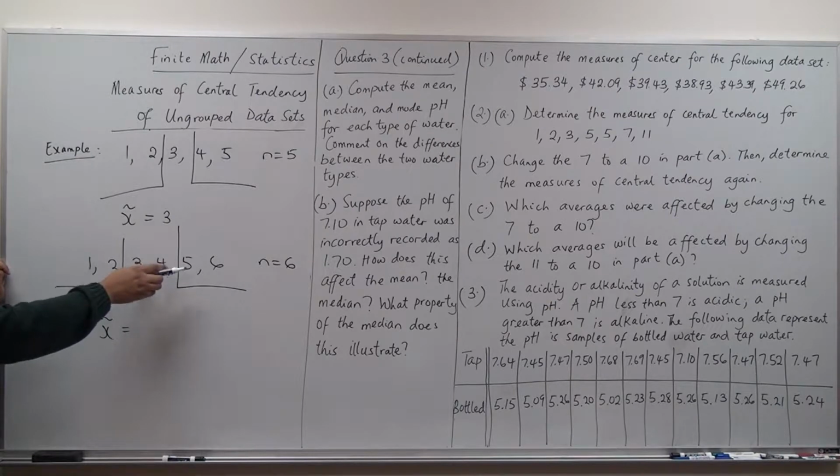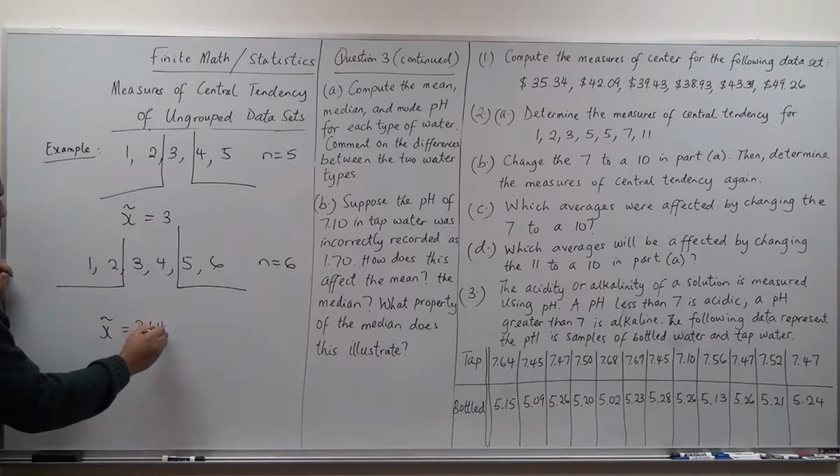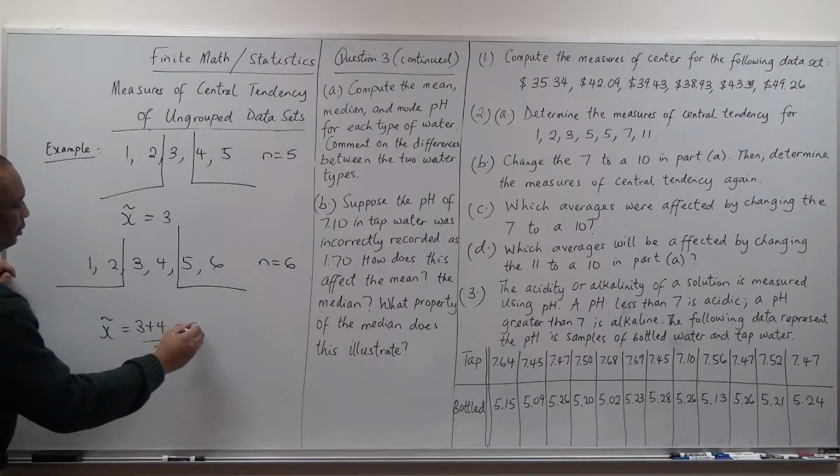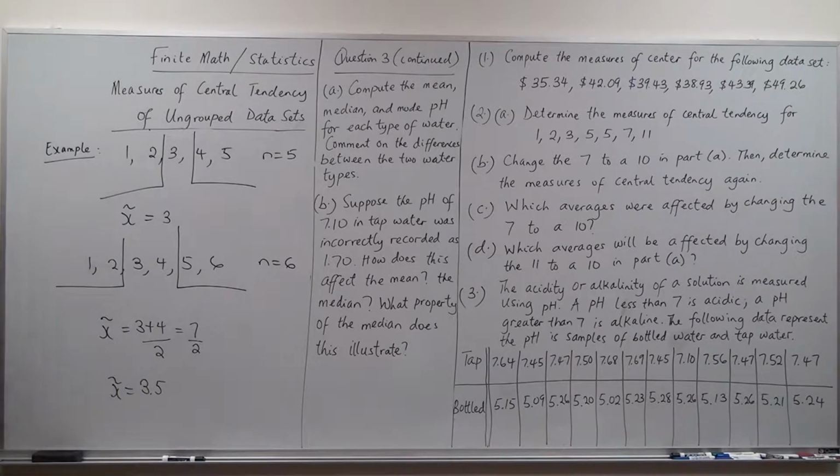So 3 plus 4 divided by 2, which is 7 divided by 2. So x meander will be 3.5. Okay? So now, you can do it this way.